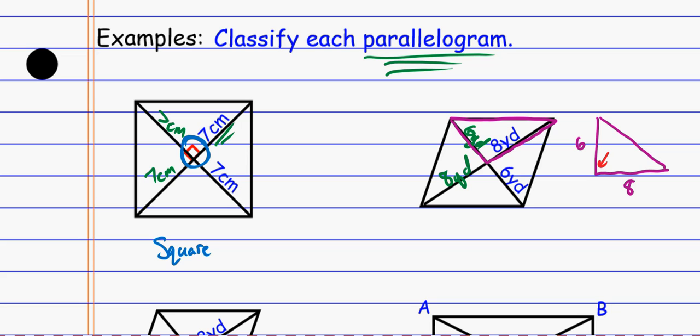But if I did my Pythagorean Theorem, out of curiosity, that would be 6 squared plus 8 squared equals c squared. I finish solving this, and that's going to be 100. I take the square root, so I get c equals 10. So if I told you one of these sides was 10, then I would know that this is a right angle. But right now, frankly, I don't have enough information, so I can't say that this is any one of my special parallelograms. The only thing I can say is that it is a parallelogram.